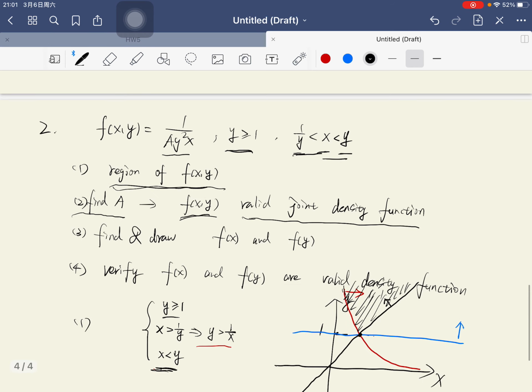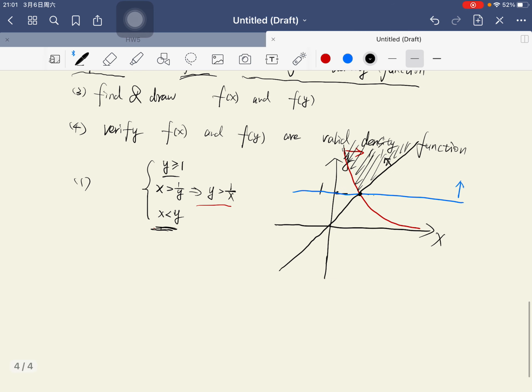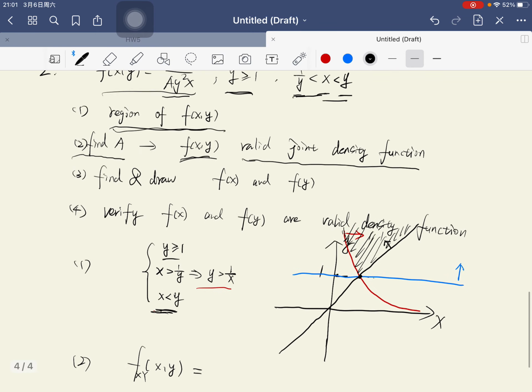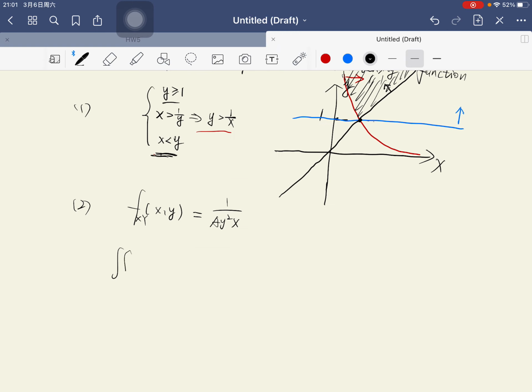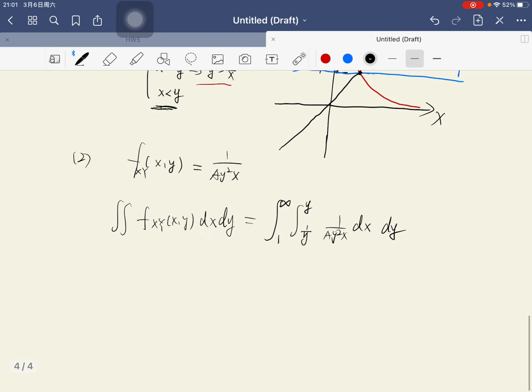The density is 1 over a y squared times x, integrated dx dy, where x is from 1 over y to y, and y is from 1 to infinity, and this equals 1.